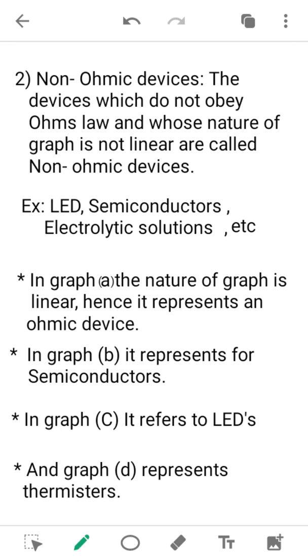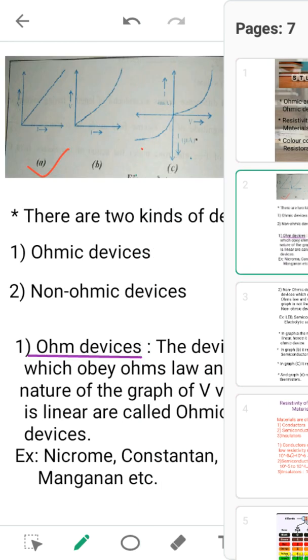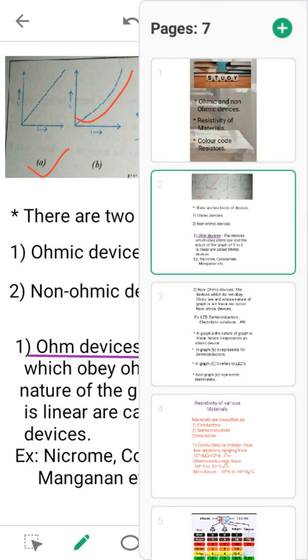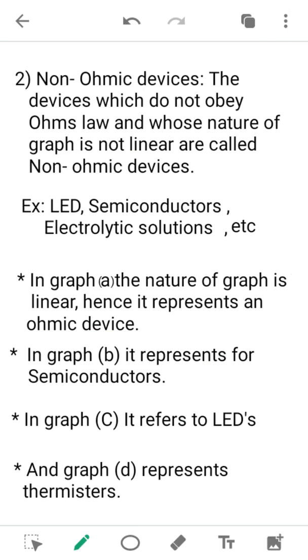And the graph B represents the semiconductors. That is, it is a curve, in this way.